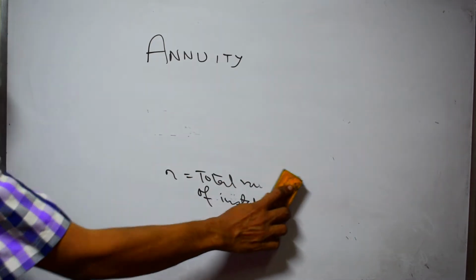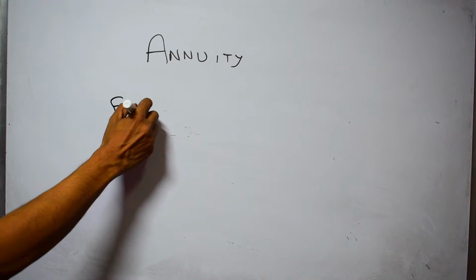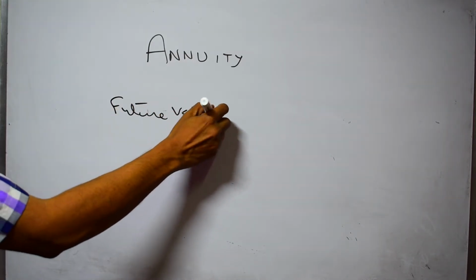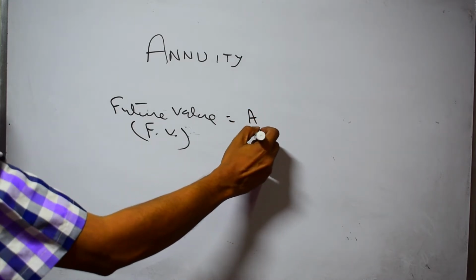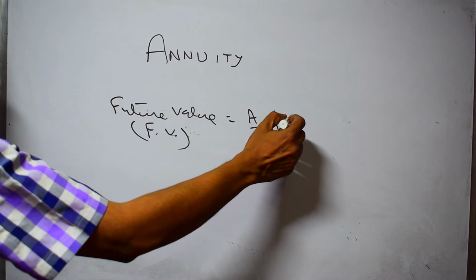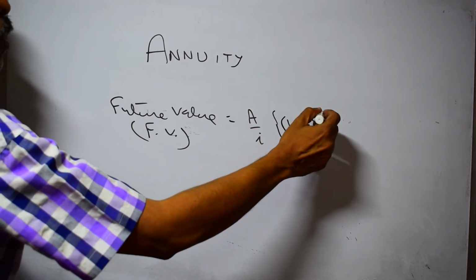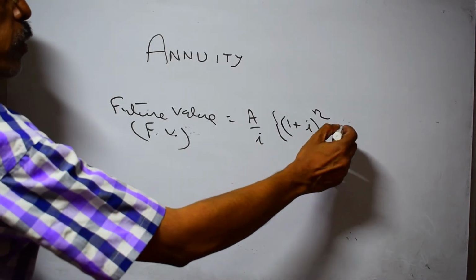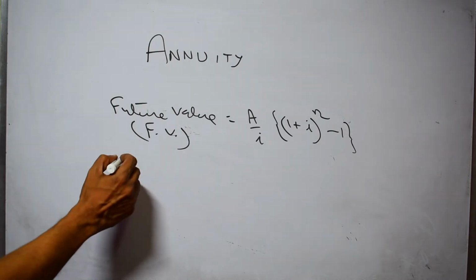Now first one, for future value, our formula will be, we can write in short FV equals A by I, where I is the adjusted interest rate I have just described, into (1 plus I) whole to the power n minus 1. This is the total future value in the case of investment.